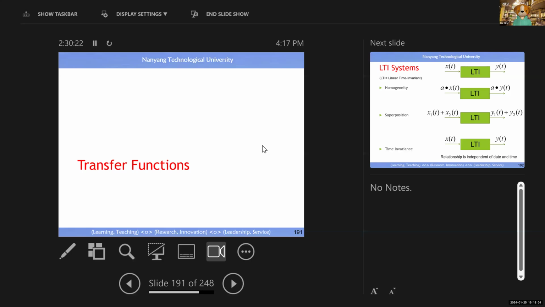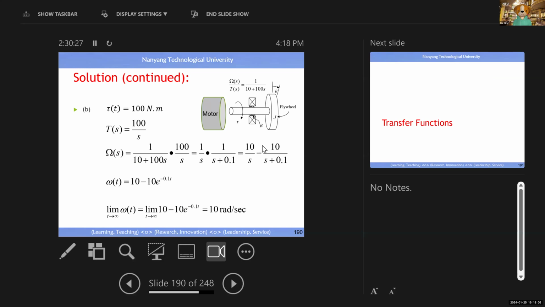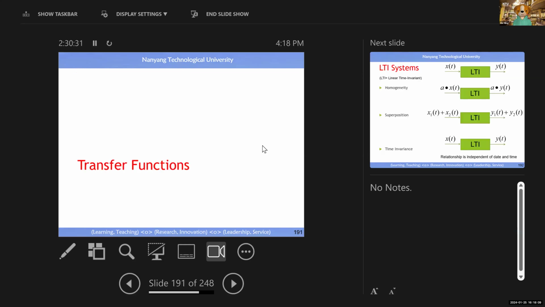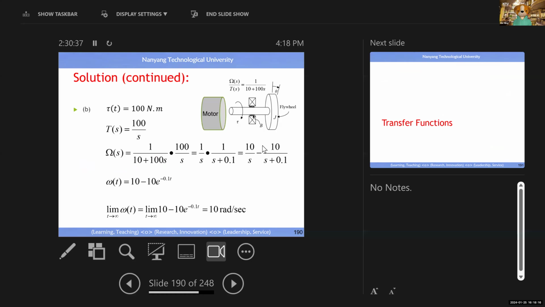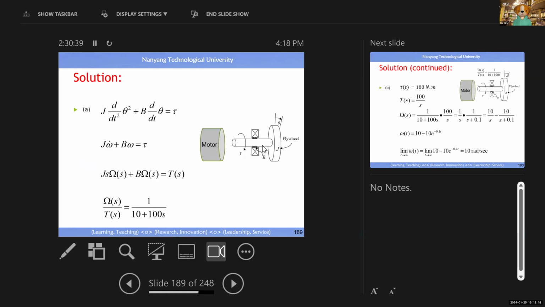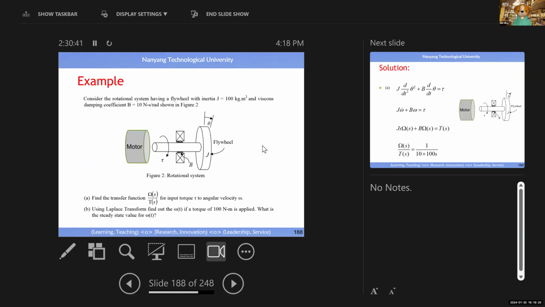So this is the way for you to know how simple the dynamics of a motor is. And if you have a machine with many motors, they just put them together, right? Okay, so in the previous example, you already know the concept of transfer function.